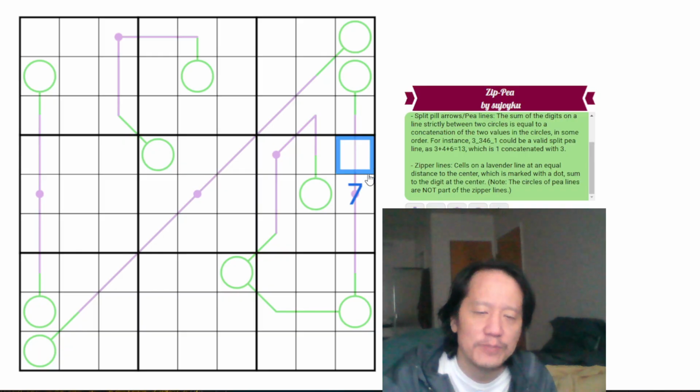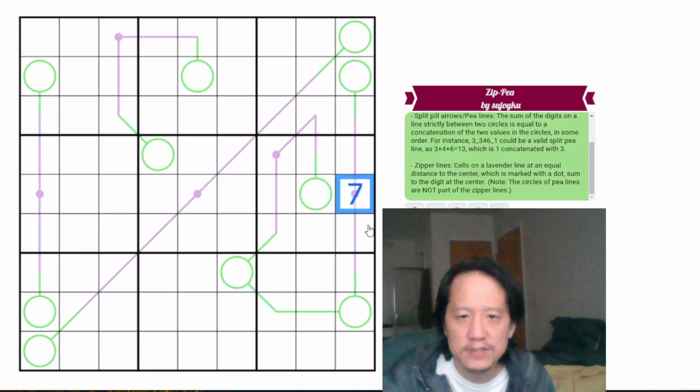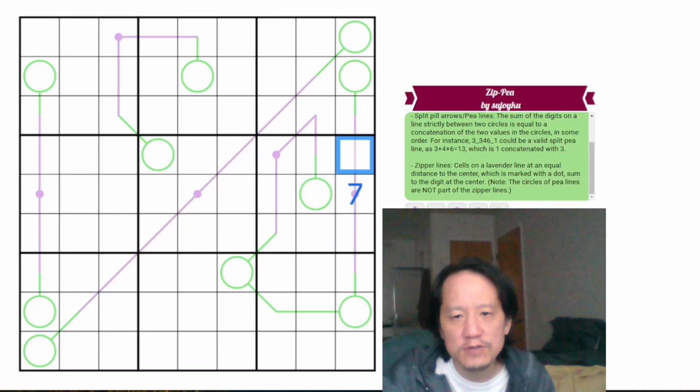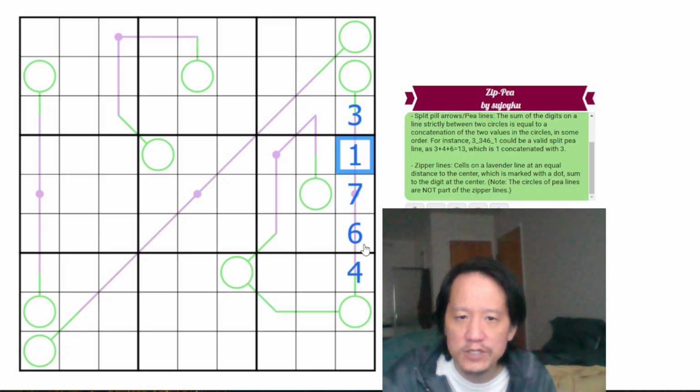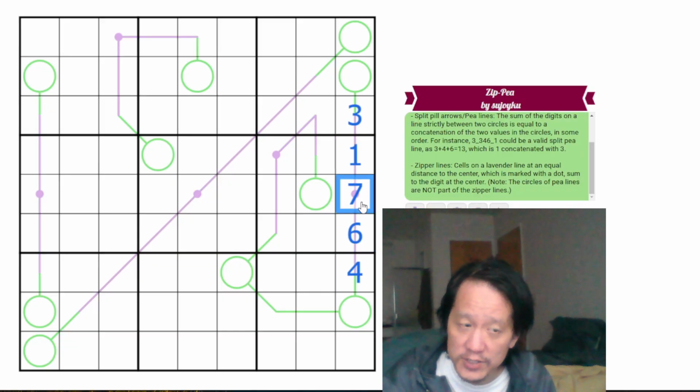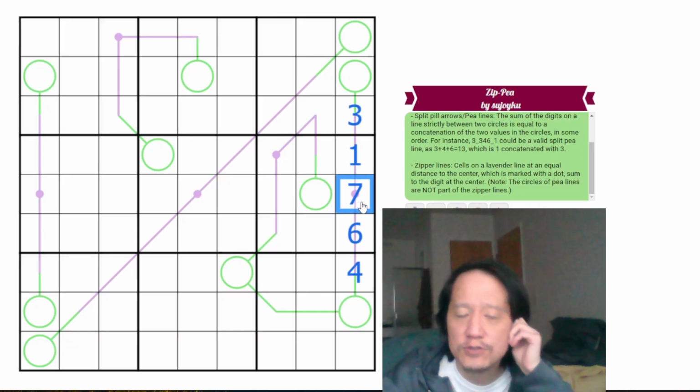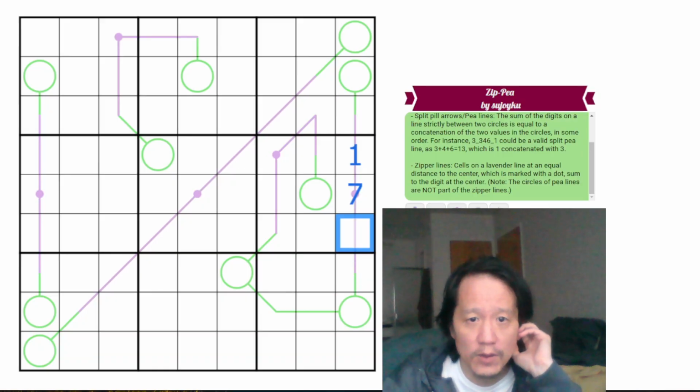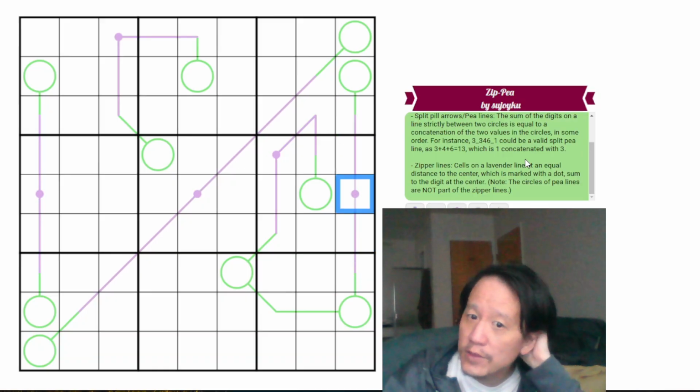But basically, anything that's a certain distance away from the center must add up to what the center is. So for example, this would be a valid zipper line, right? Because 3 and 4 are 2 away from the center, and they both add up to 7. 1 and 6 are both 1 away from the center, and they both add up to 7. So that's how zipper lines work. And those are all the rules.